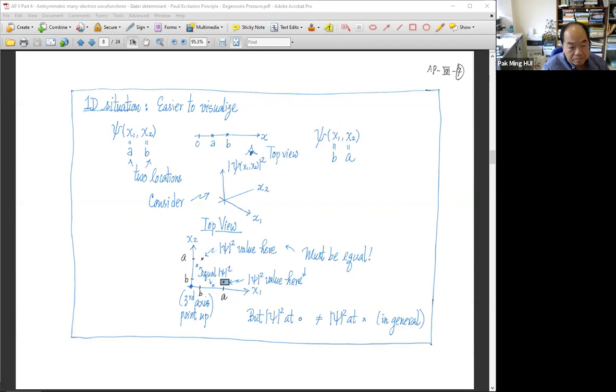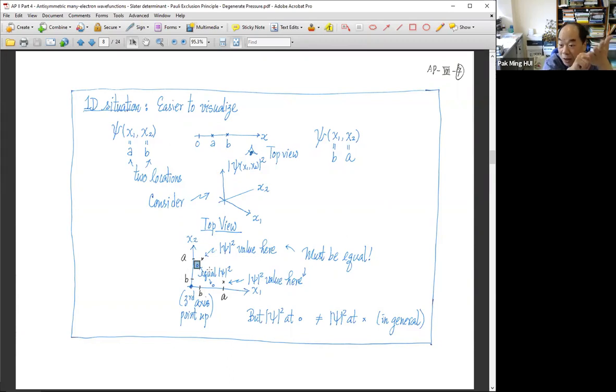Let me express it one more time. I can take another point, the circle here. So x1 is long, x2 is short. So x1 is here, x2 is very small. So you have one value here. You use your calculator, two numbers in, one number out, square it. There's a number there at the circle. Now there is a corresponding point where x1 is small and x2 is longer, this circle.